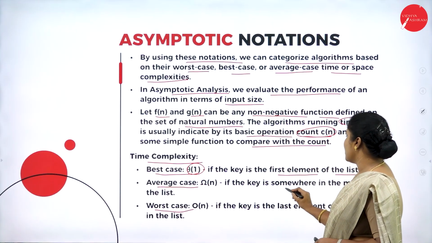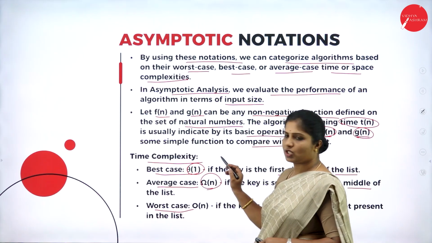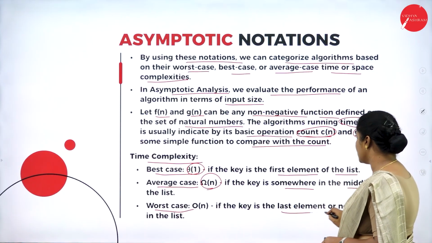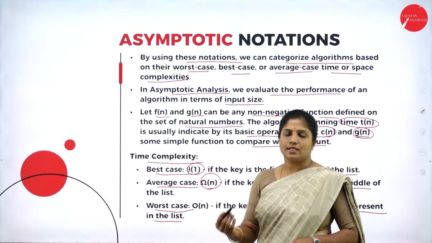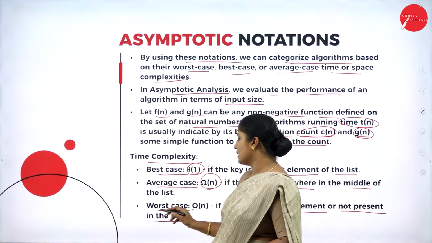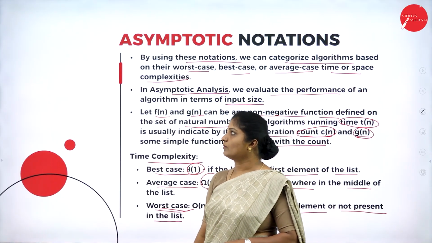Next, if the key is somewhere in the middle, then it is the average case. In the worst case, the key is the last element or not present in the list. If I keep on searching for a key that is not present, it takes a longer time, isn't it? Then I can say it is the worst case of an algorithm.